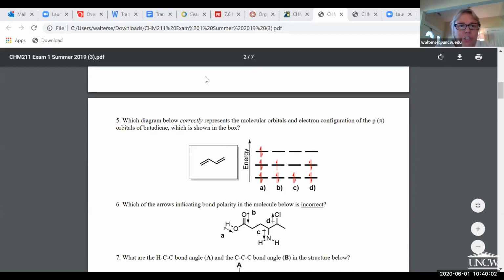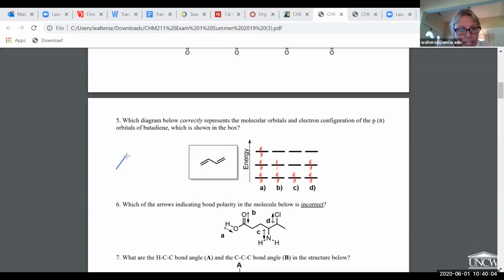The resonance structure for butadiene would look like this. Okay. So you'd move these.